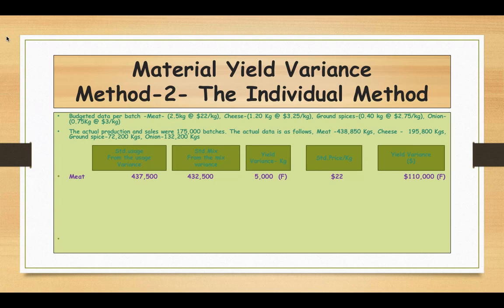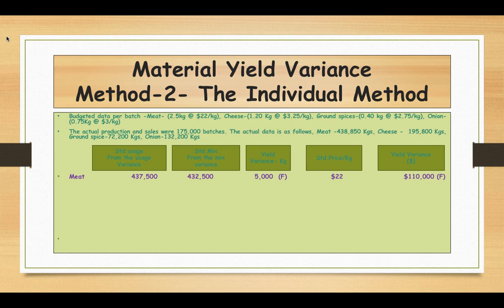Now we'll go to the standard mix from the mix variance. When we were calculating the mix variance, we said in total the company has used 839,050 kilograms of materials. According to the standard, every 4.85 total material used, they should be using 2.5 kilograms of meat.